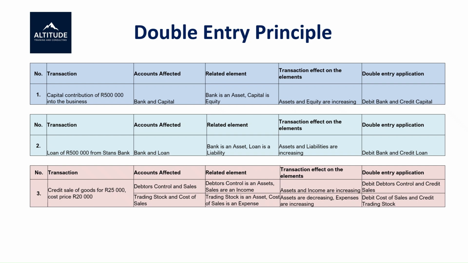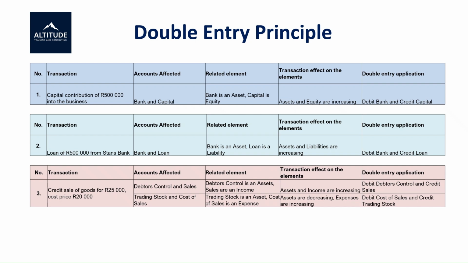The third transaction we are going to look at is a credit sale of goods for 25,000 and the cost price of those goods was 20,000. This transaction has got two legs. We are first going to look at the first leg. The affected accounts on the first leg are the debtors control and sales. The related elements: debtors control is an asset, sales are an income.